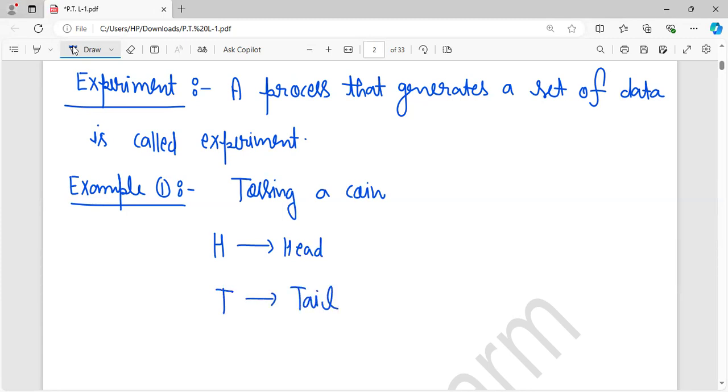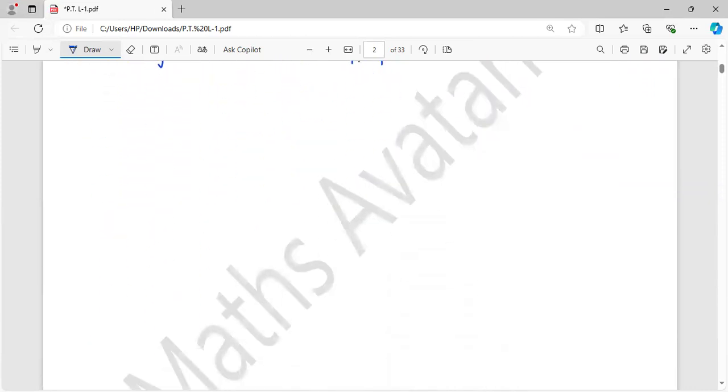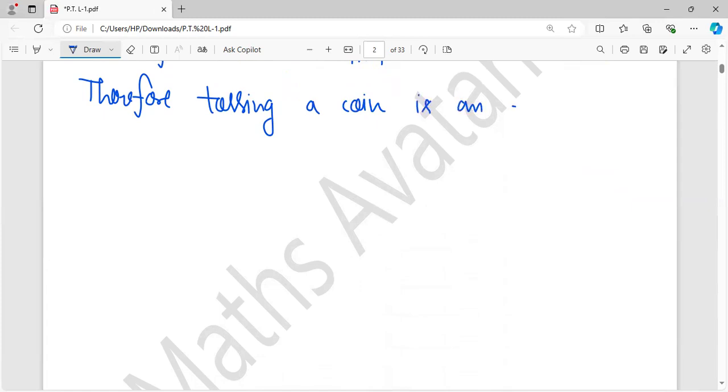So the set of data is H and T. Therefore, tossing a coin is an experiment.